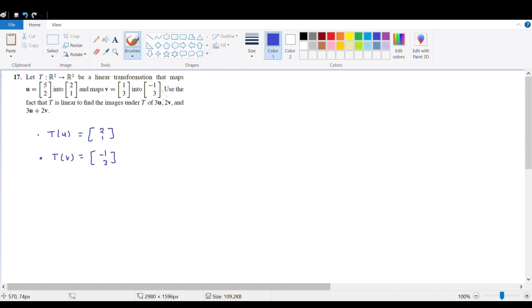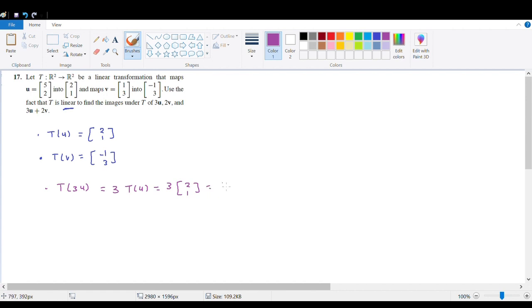Now we need to use the fact that T is linear to find the transformation of 3u. So T of 3u, we know that the transformation is linear, so we can take 3 out, so it will be 3 T u. What is T u? It is given here (2, 1), so this is 3 multiplied by (2, 1).